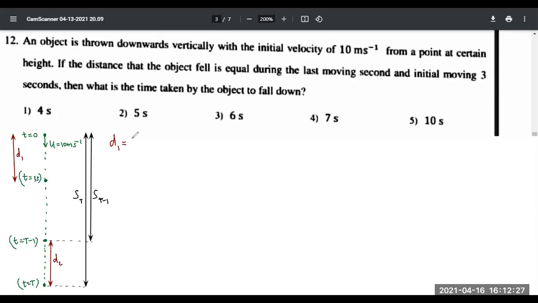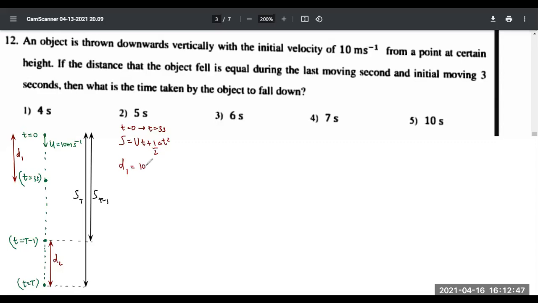How do you find D1? You can apply s = ut + half at squared from here to here, that is from time equal to 0 to time equal to 3 seconds. So this displacement from here to here is D1.